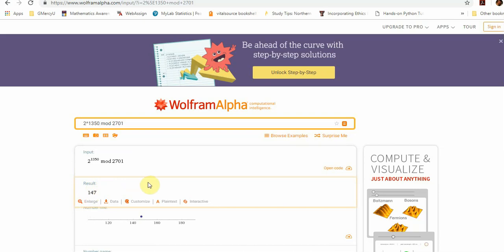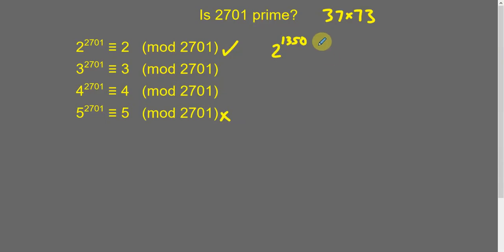But we get 147. So that's a fail. So 2701 is composite. Now, as I said, this was an example that the plain old Carmichael test catches by a equals 5. But you notice that we caught it actually earlier. We caught it on the very first a, a equals 2.